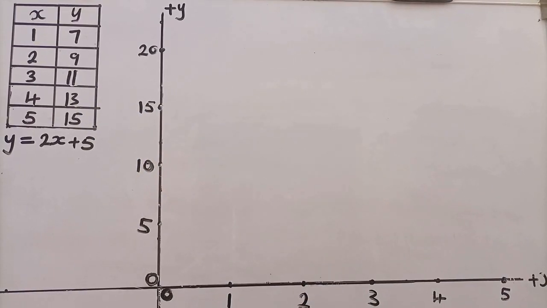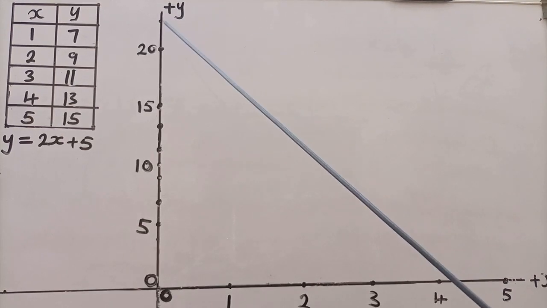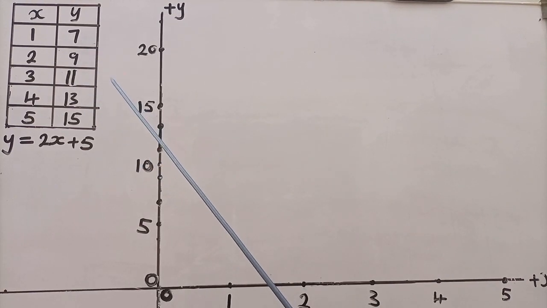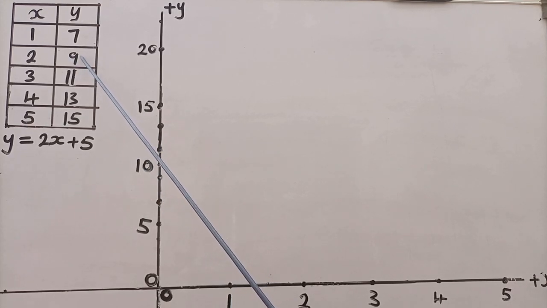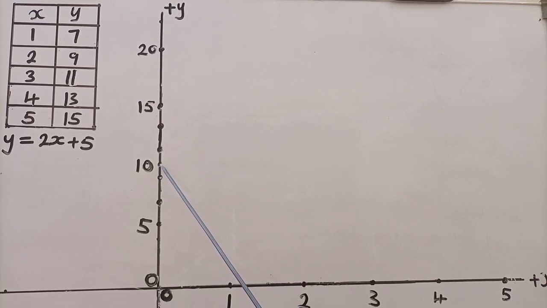Let me use dots to indicate these approximated positions of these values. Now, with the dots on this axis, we propose that this 7 is here, and this 9 is here. Of course, 10 is still where it is. This 11 is here. This 13 is here. And this 15 is still where it used to be.